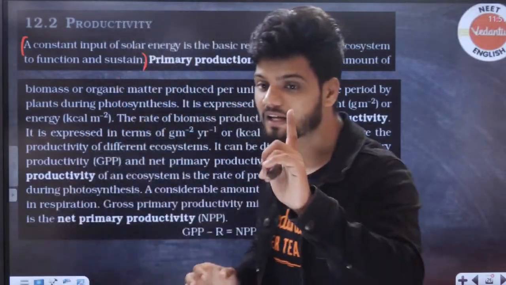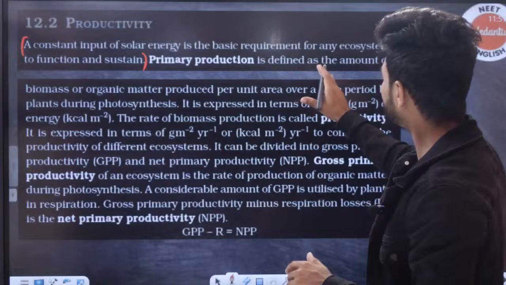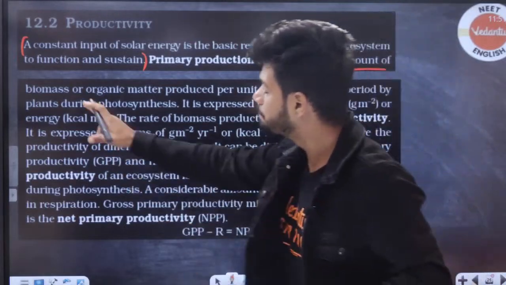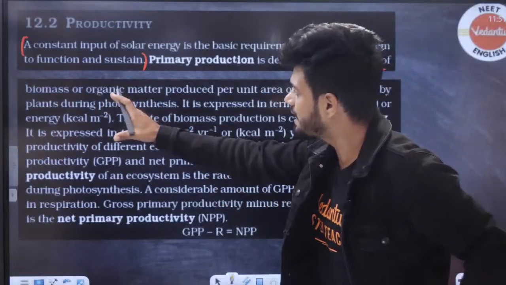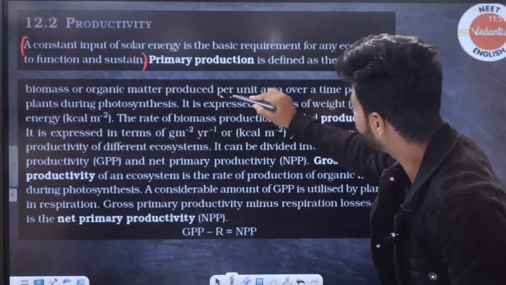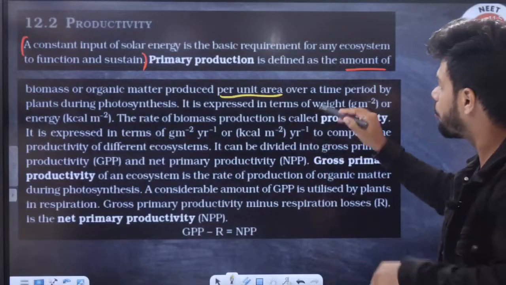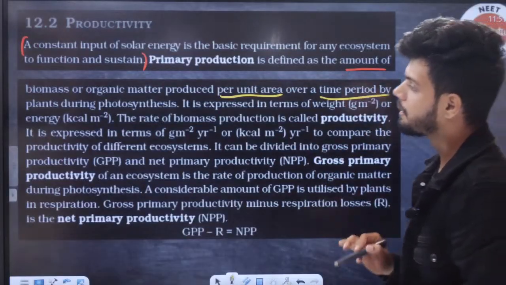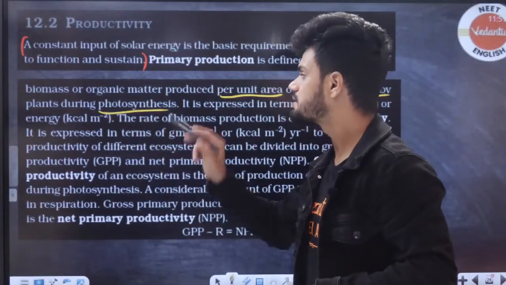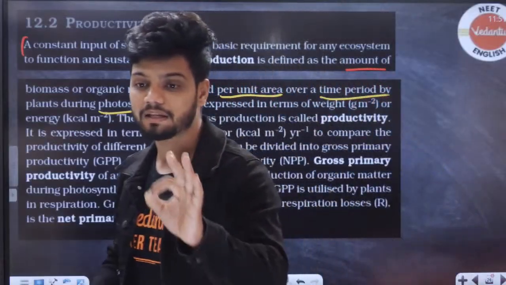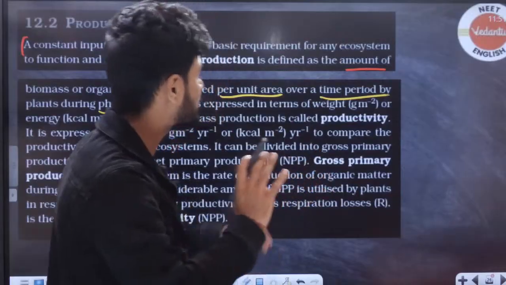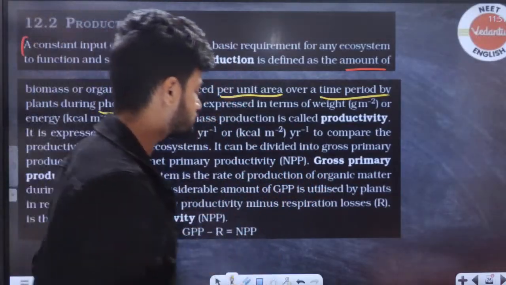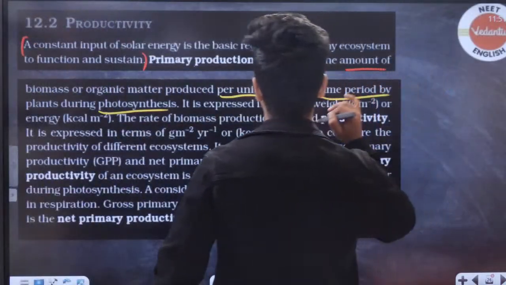I'll read again: the amount of biomass, that is the food basically, or organic matter produced per unit area over a time period by plants during photosynthesis is called primary production.